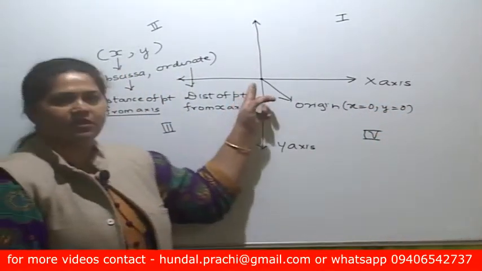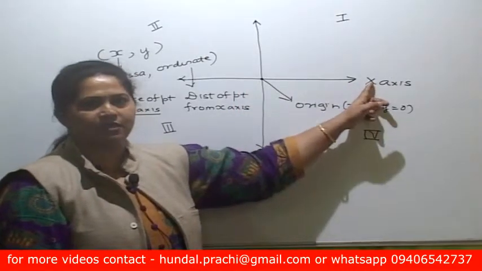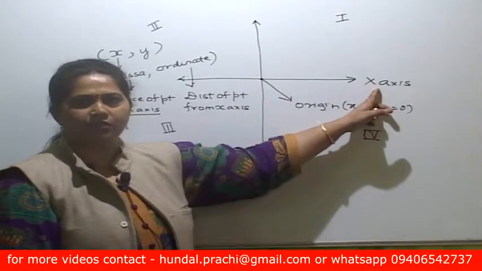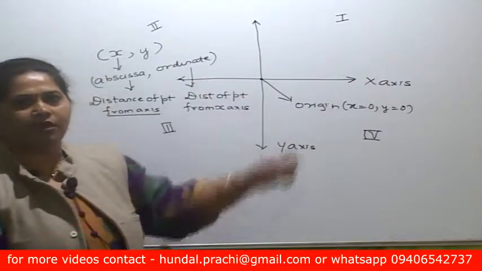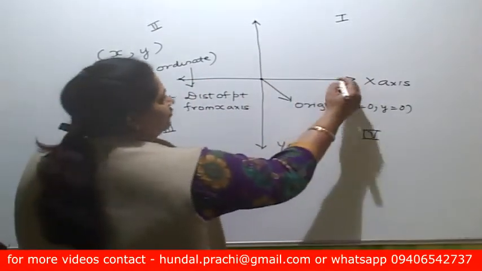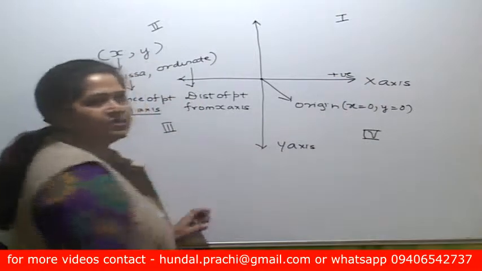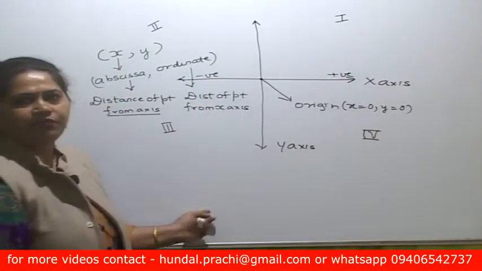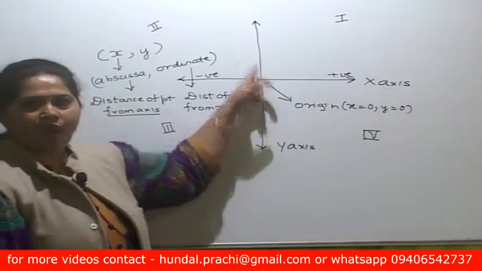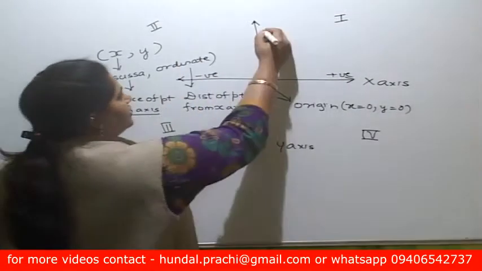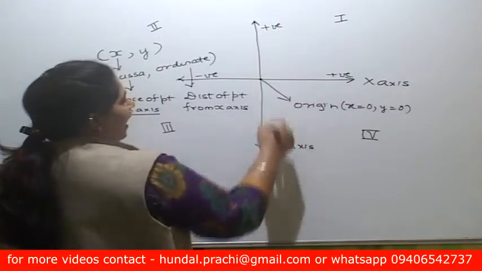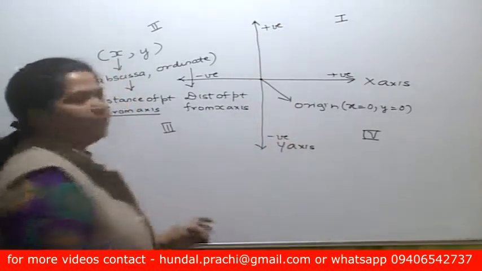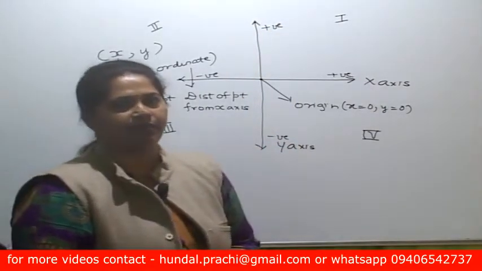As we move towards the right side of the x-axis, numbers become positive, as you know from plotting numbers on the number line. Right of 0 gives positive numbers and left of 0 gives negative numbers. Similarly, as you move upward from 0, numbers are positive, and below 0 they are negative.